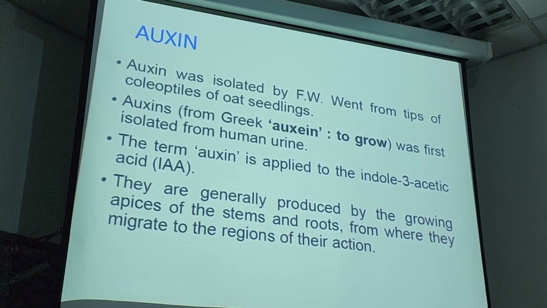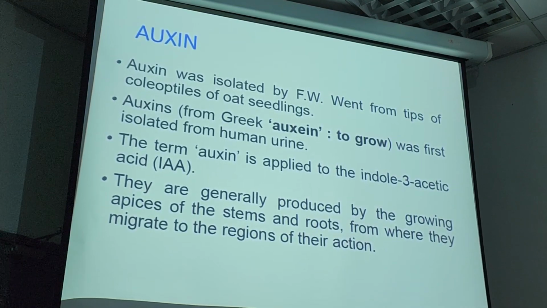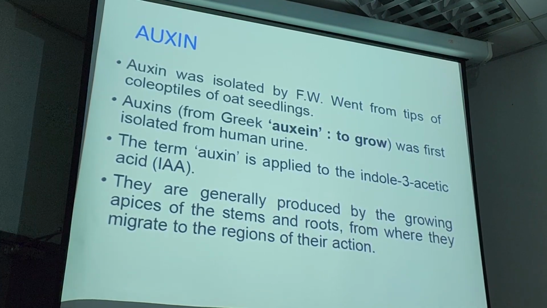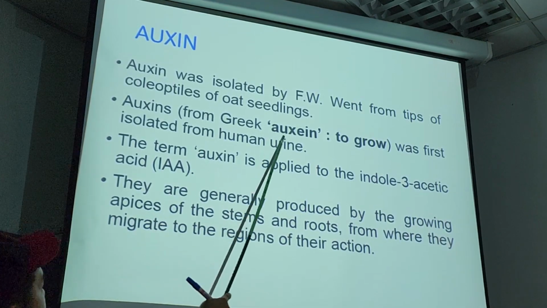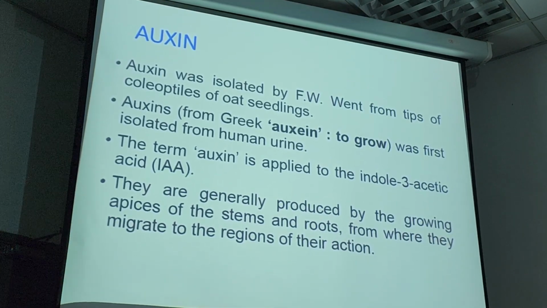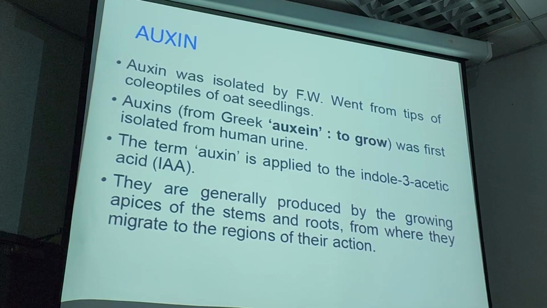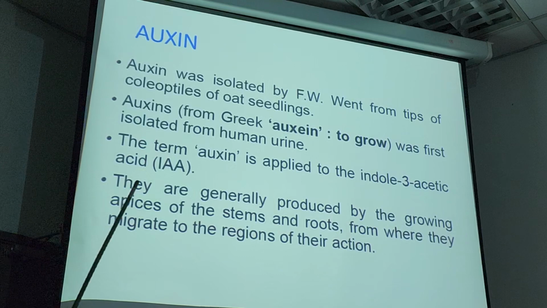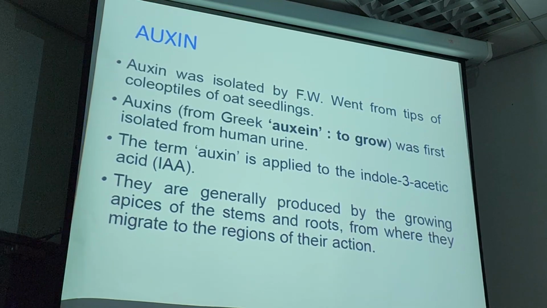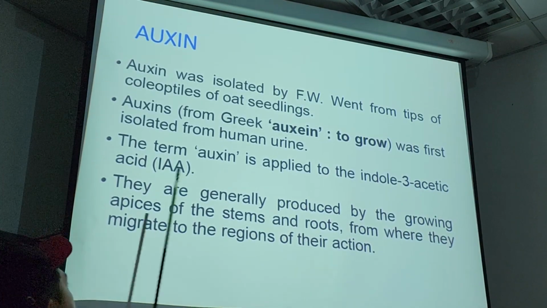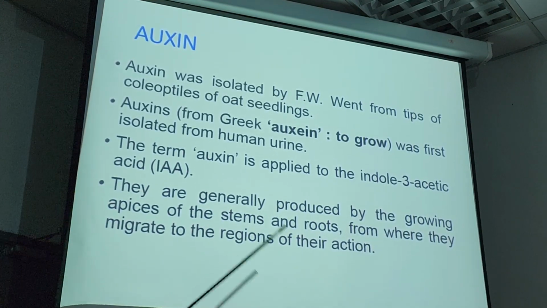Okay, so the other scientists isolated, meaning extracted, the compound from the coleoptile tip, and it's named auxin. From the Greek, auxin means to grow. And the form of the auxin, remember there are many auxins, that got extracted is in the form of IAA, indoleacetic acid, generally produced by the growing apices of the stems and roots.